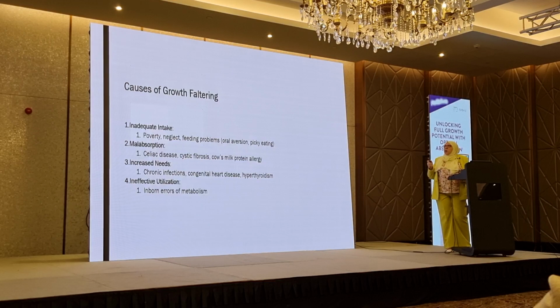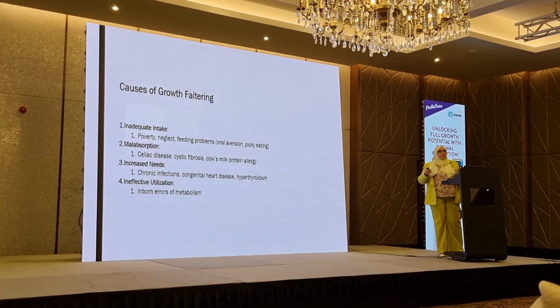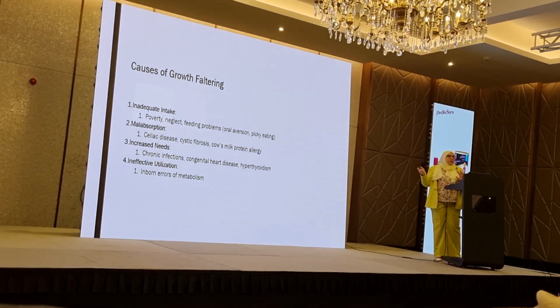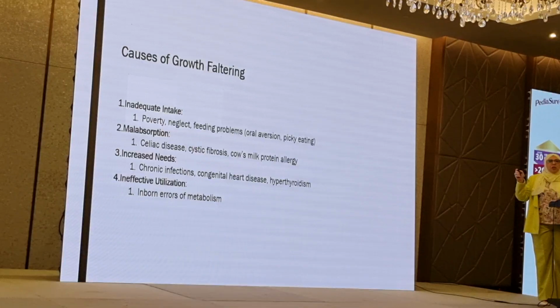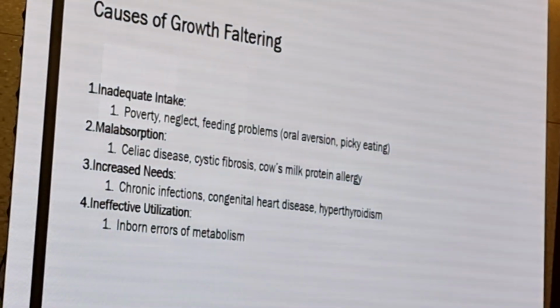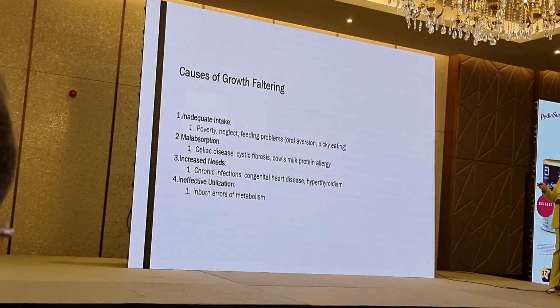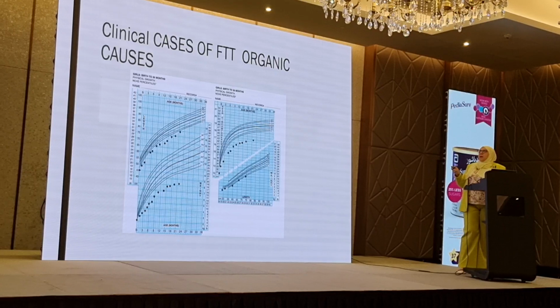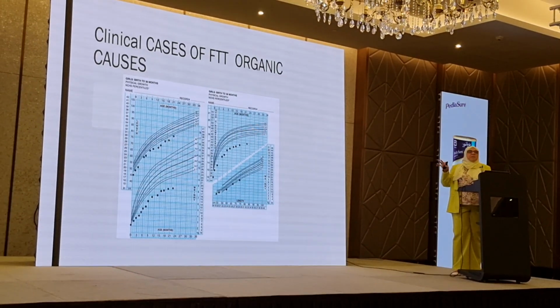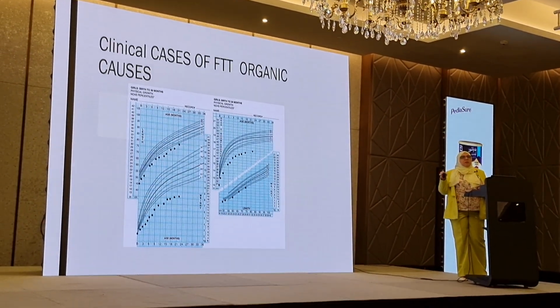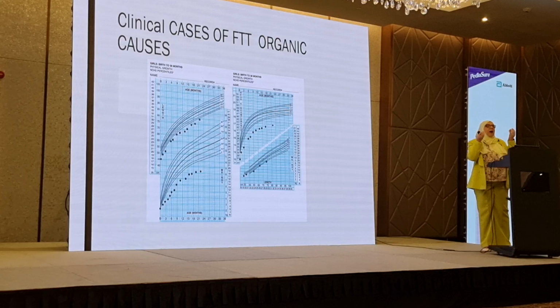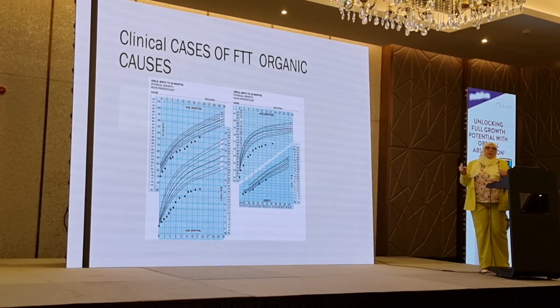Okay. So again, in the organic cause, I don't want to go into it because every pediatrician knows this: malabsorption, problem of increased utilization, the causes of growth faltering. But I will give some growth charts to see together if we can know approximately what is the diagnosis.